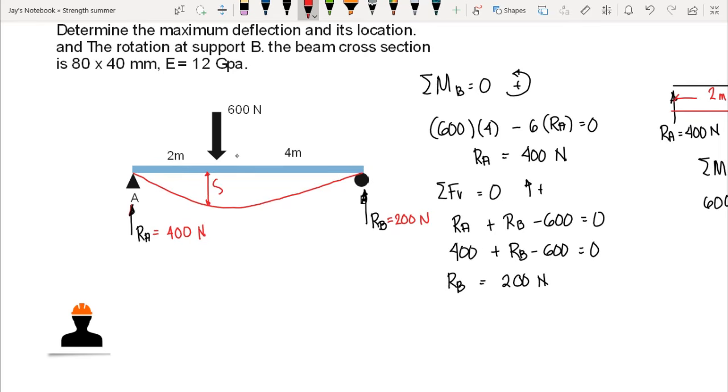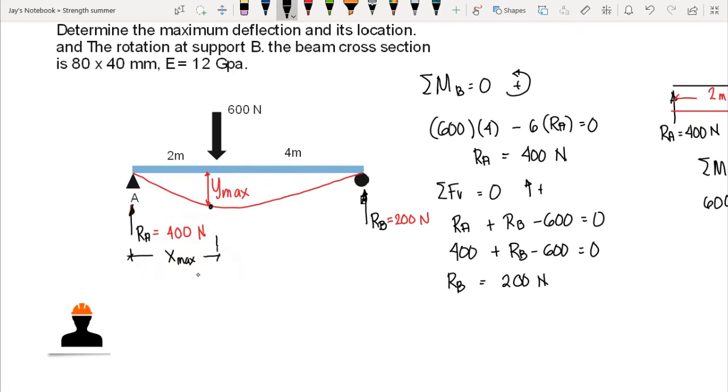So it's our y maximum, the maximum deflection. And then let's say this is at x max from A. So our goal here first is to compute for the x max, the location of the maximum deflection, which is this point.